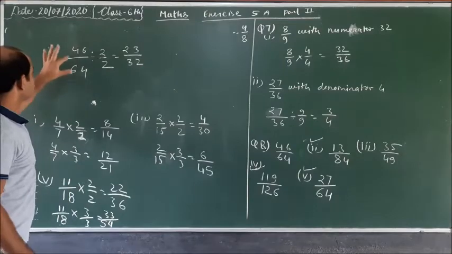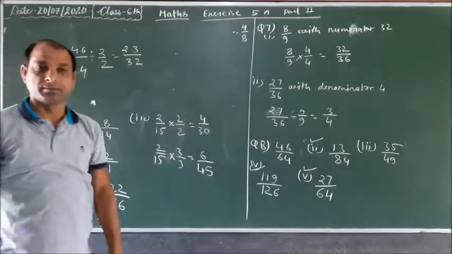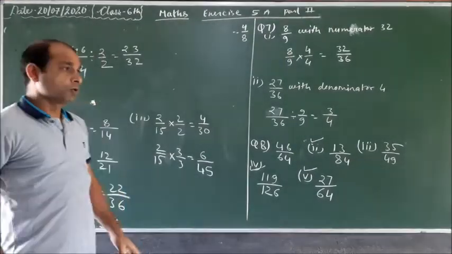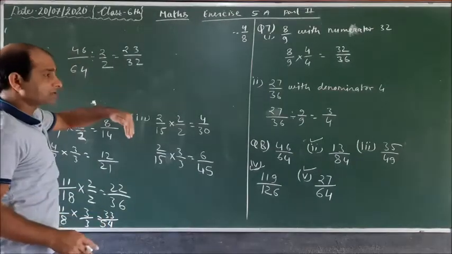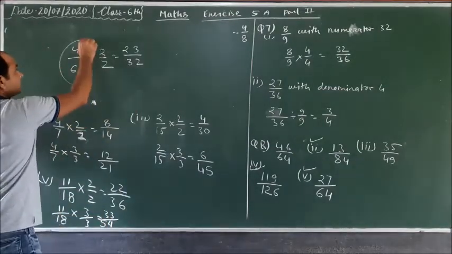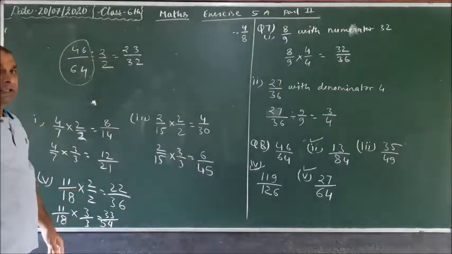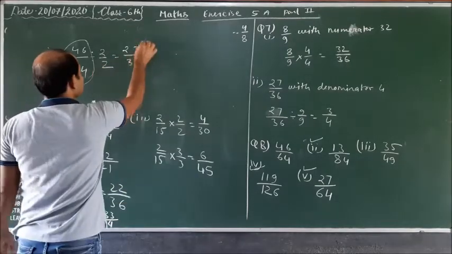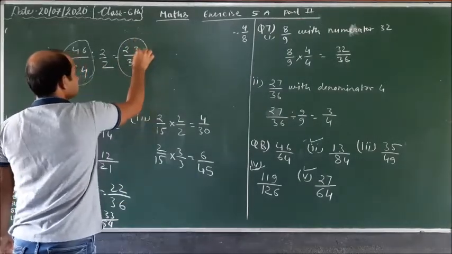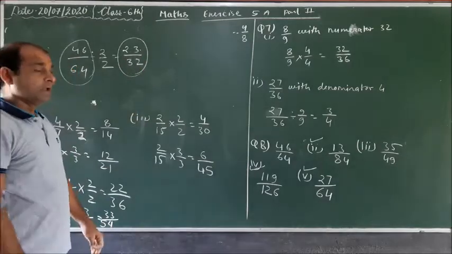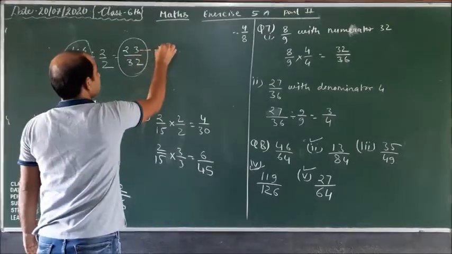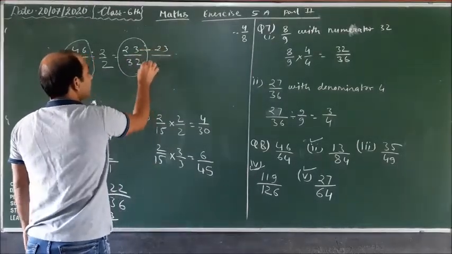If both numbers are divisible by the same number, then that number is not in the simplest form. The answer is 23 upon 32.